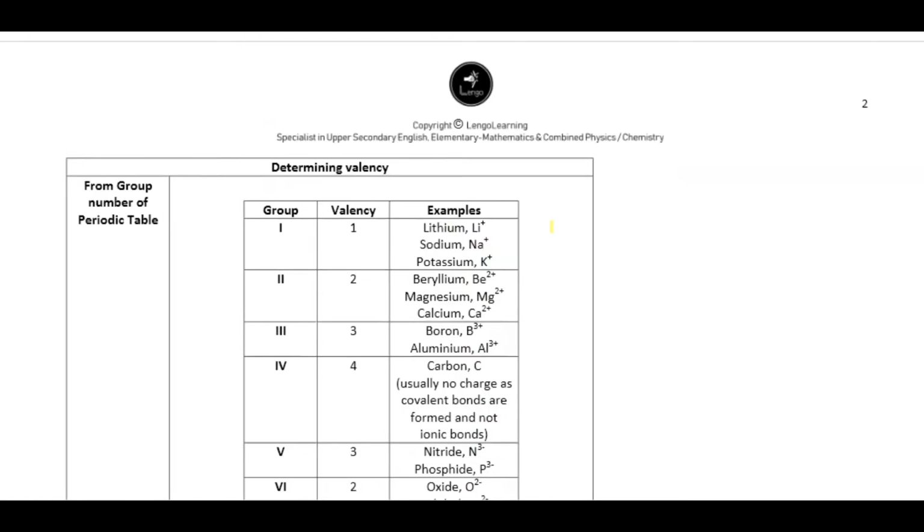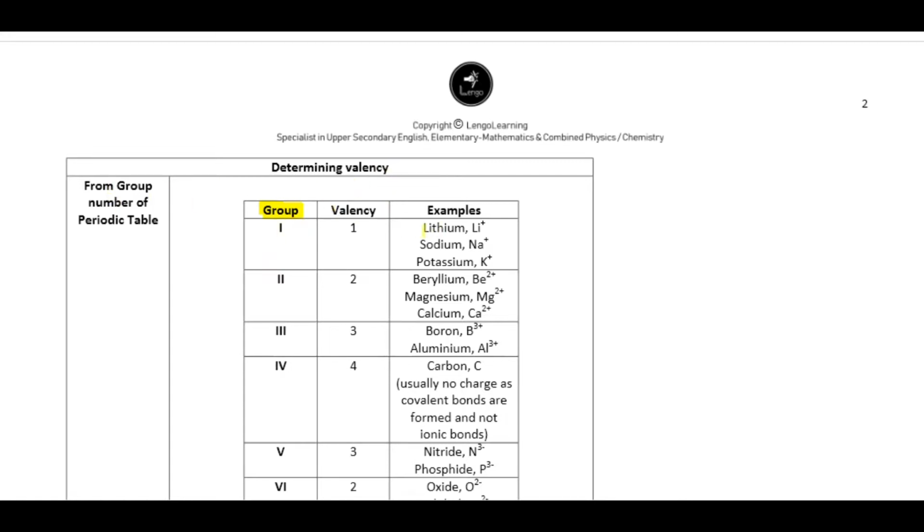The periodic table basically has groups and periods, but for the purposes of determining valency, we are only concerned with the group number, which is the vertical columns in the periodic table, which goes from up to down.